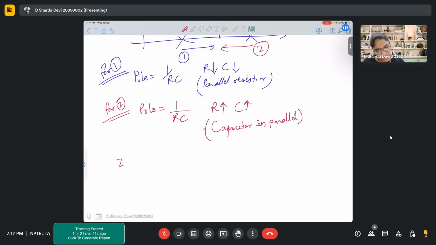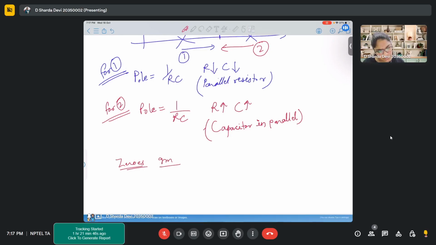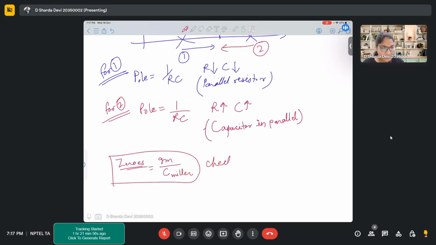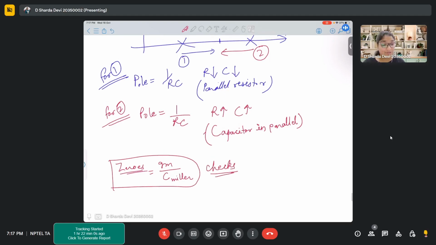I guess if I'm not wrong, for zeros, it is gm upon C, like that Miller capacitor. If I'm not wrong, this is the value, but please check it once. We did discuss this while we were discussing the poles and zeros concepts.